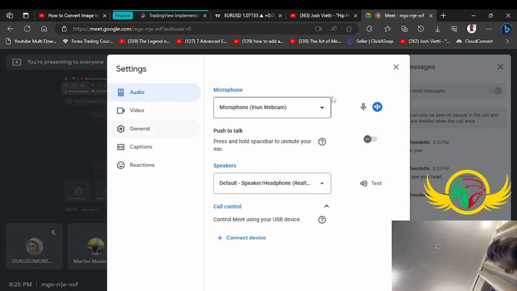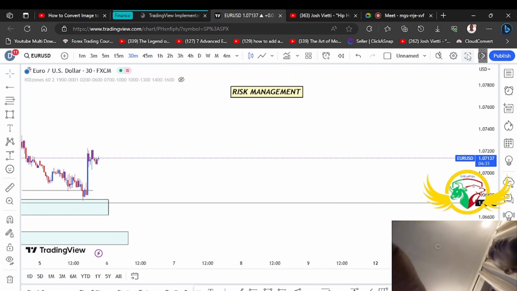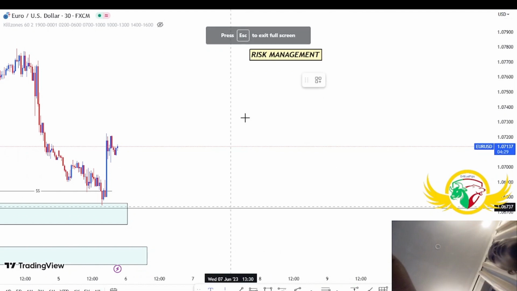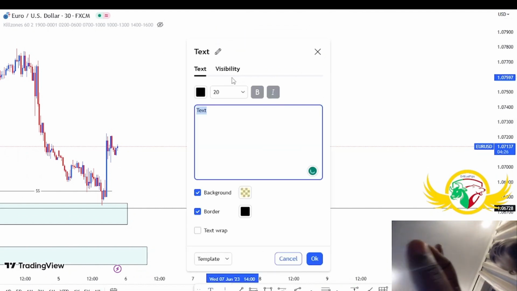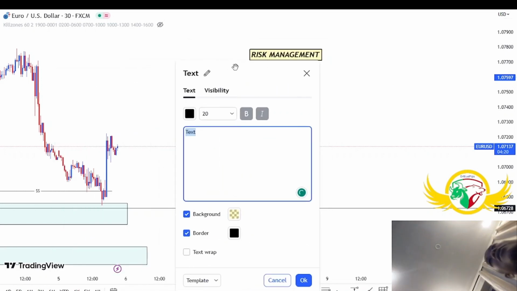So today we are going to learn about risk management. To know about risk management, first of all, if you want to make a good risk management, you have to know three things. The first one, you have to know about your risk amount.